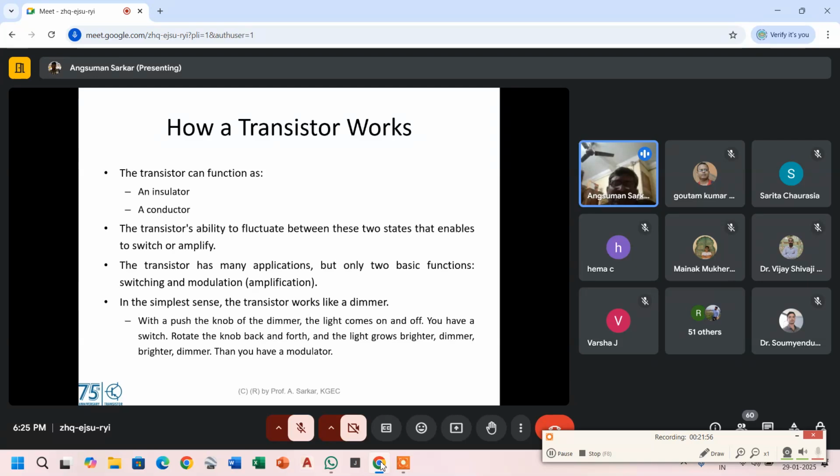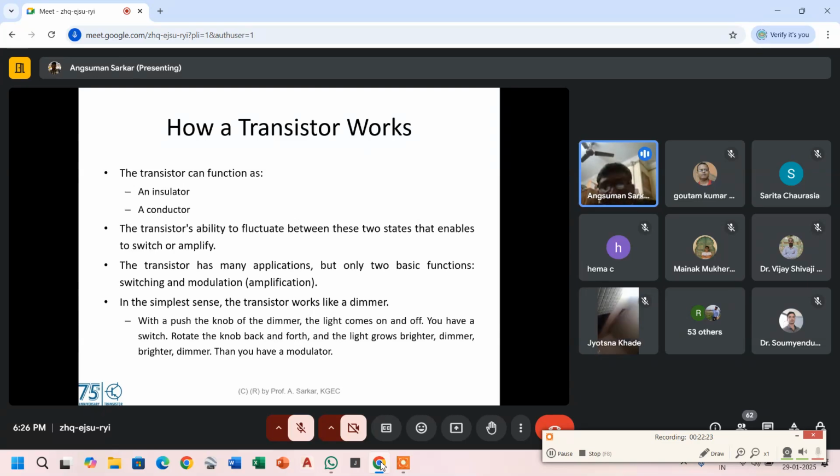Rotate the knob back and forth, and the light goes brighter, dimmer. That's called a modulator. A transistor also works like this. In the case of a switch, it is on and off. If you apply the proper voltage at the control terminal, or supply a proper current to the control terminal, the transistor switches back and forth between the on state and the off state. That is called brighter and dimmer. So the output will be either brighter or output high.